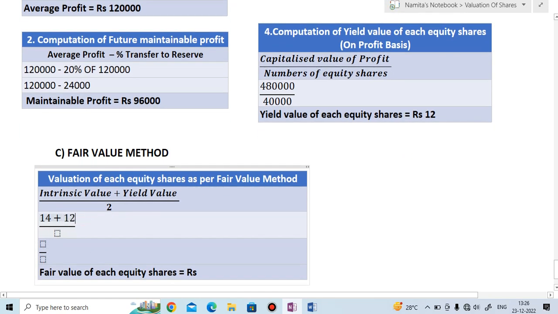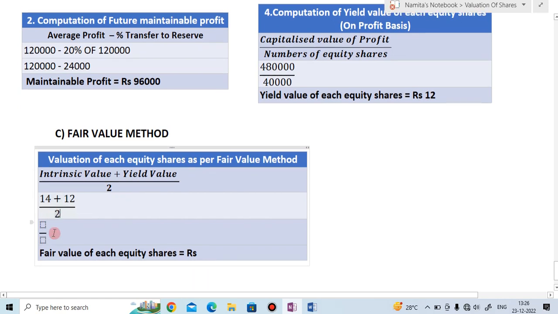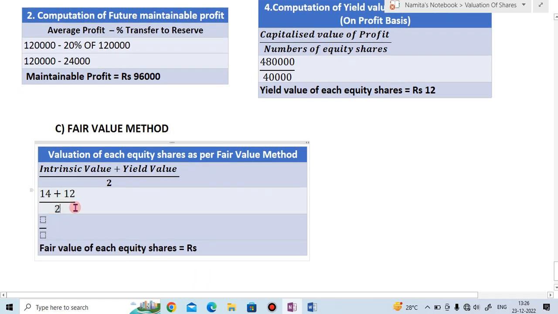Now divided by what? 2. So 14 plus 12 is 26 rupees. 26 divided by 2, fair value will be how much? 13 rupees. So final answer is 13 rupees.